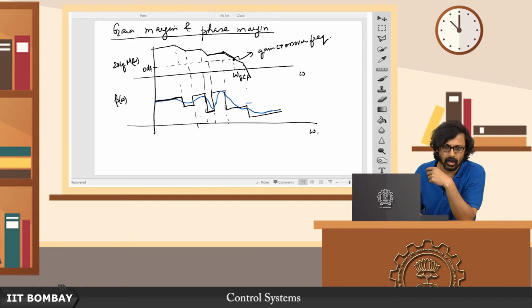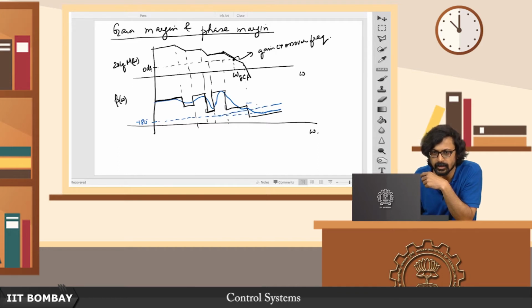So now what I am saying is I am going to draw this minus 180 degree line here, and I am going to look at its intersection with this. So, suppose this minus 180 degree line intersects here. Of course this drawing looks horrible because the lines are not even parallel. So, let me improve upon that a bit.